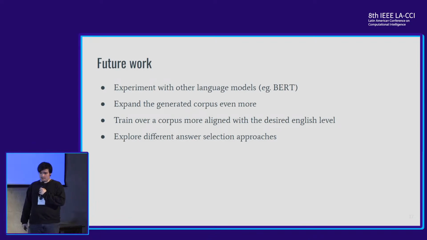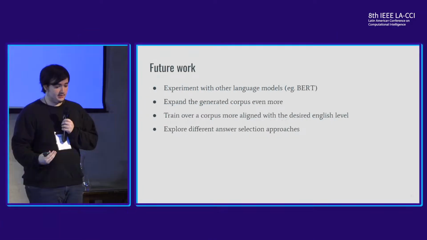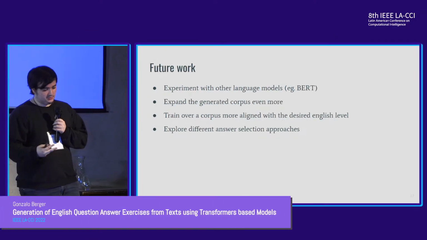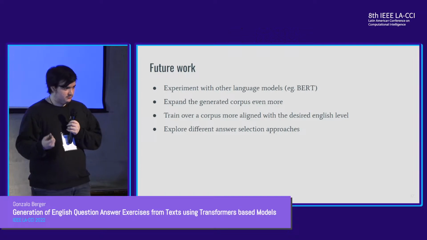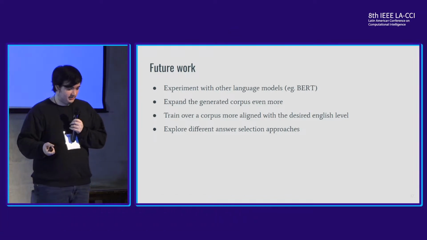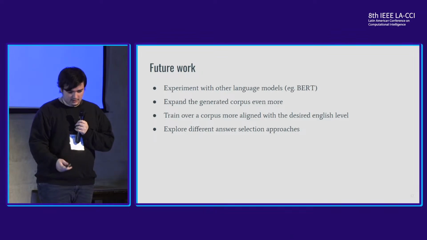And some lines of future work I wanted to mention. As you've seen, we only experimented with T5 based models, so it would be desirable to also explore other models such as BERT. We also would like to expand the corpus even more, the specific corpus of our level, since it's small and since we use it to evaluate, it's okay, but it would be desirable to have a bigger corpus to at least train in the level that we want.